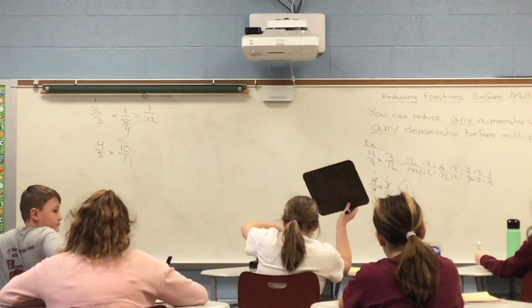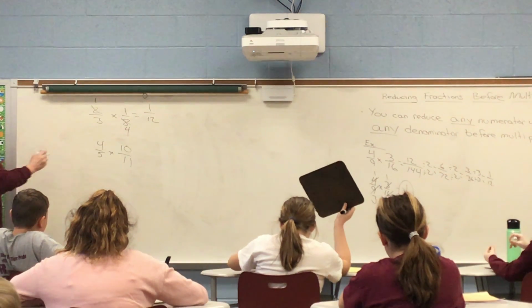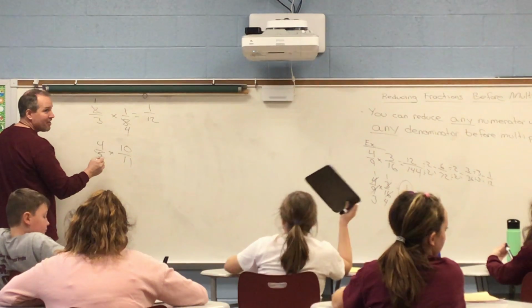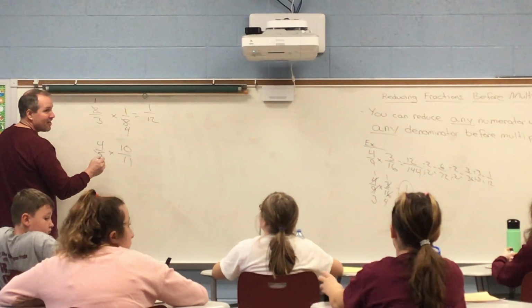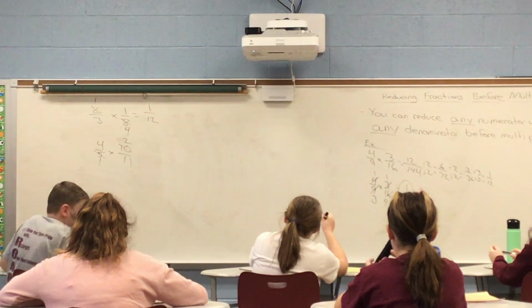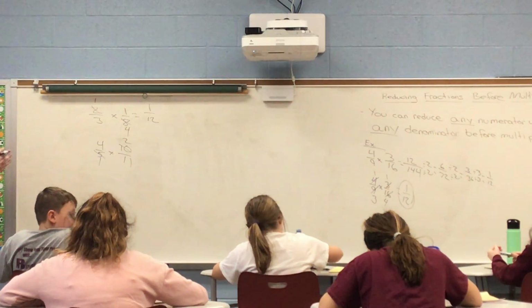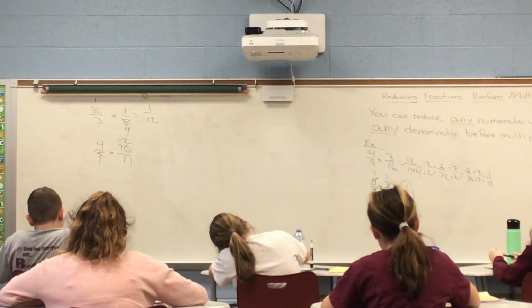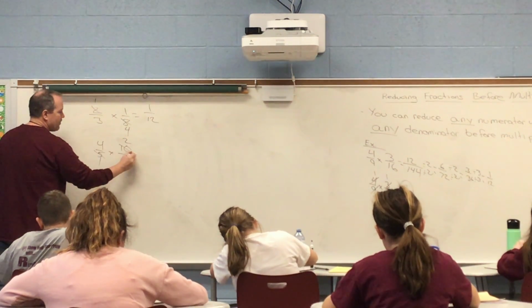We can divide them both by? So what do you think 5 divided by 5 is? And then what do you think? 10 divided by 5 is 2. Okay? Is there anything else we can reduce? No. Okay, you can't reduce top with the top.